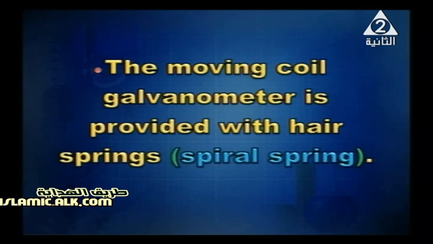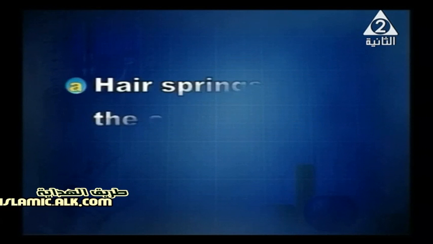Another give reason: the moving coil galvanometer is provided with hair springs, that is, spiral springs or spiral coils. Actually, it asks for the function of hair springs. Hair springs carry the current to and from the coil.